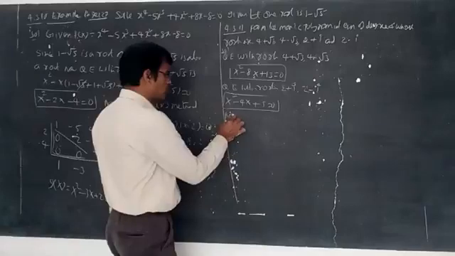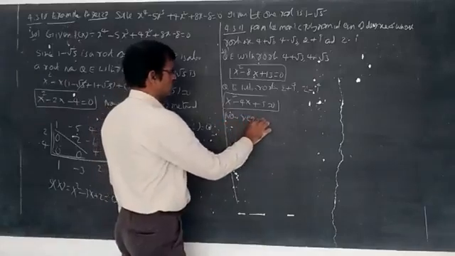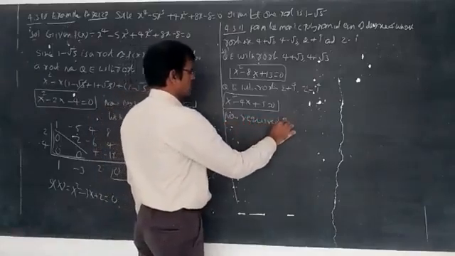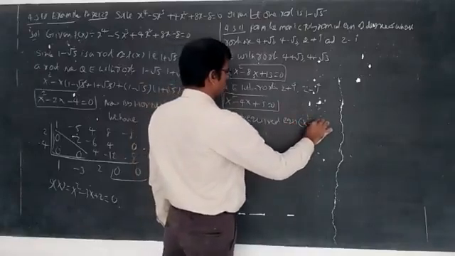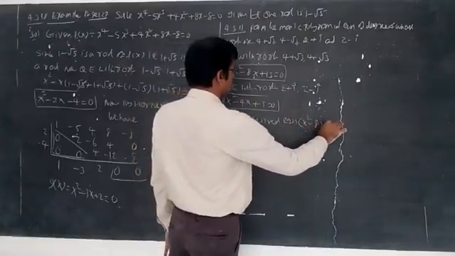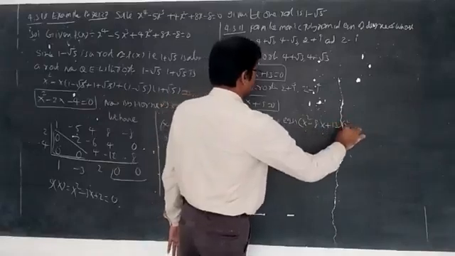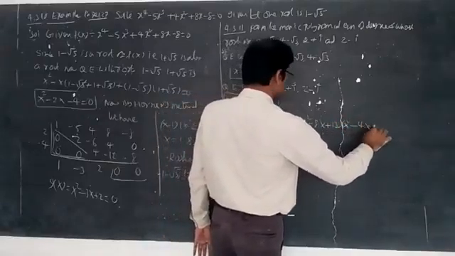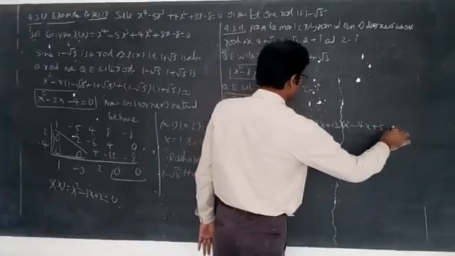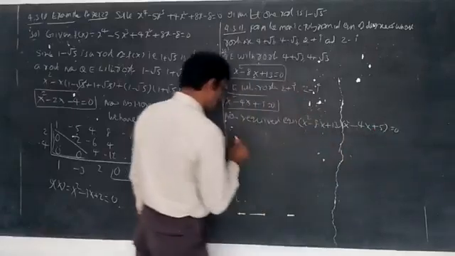Now the required equation: you should multiply fully. x square minus 8x plus 13 into x square minus 4x plus 5 equal to 0. This is the required equation.